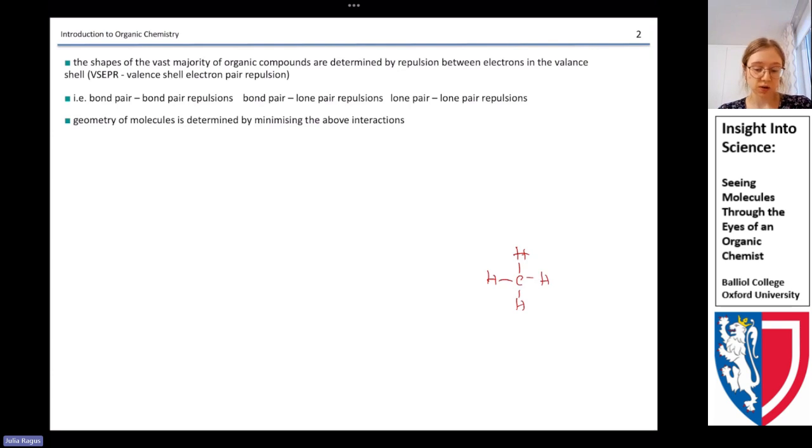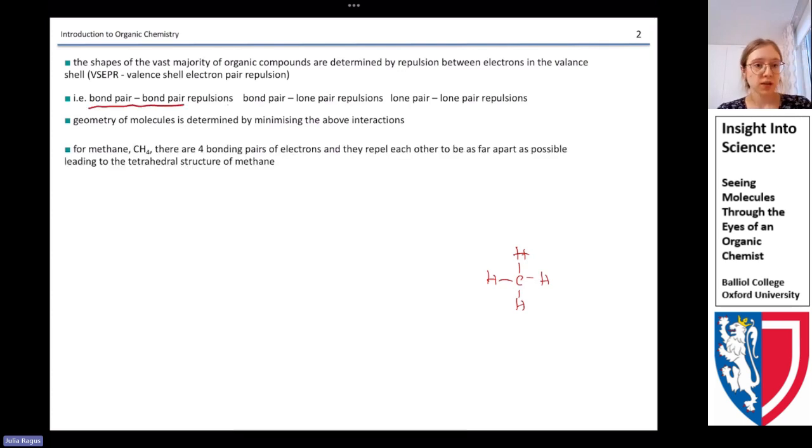bonding pairs of electrons, and we have no lone pairs in this molecule. So we only consider bond pair repulsions, which lead to a tetrahedral structure of methane. The adjective tetrahedral comes from the fact that those lines indicate a tetrahedron.